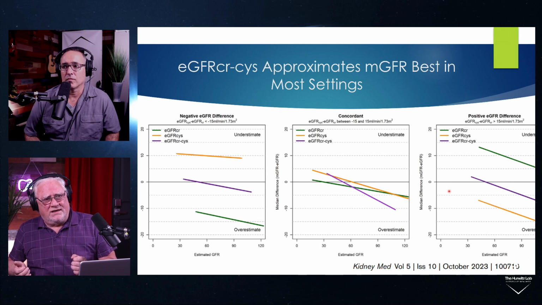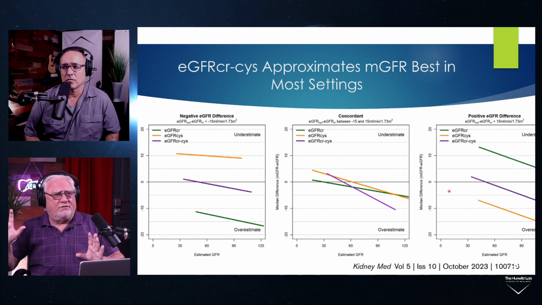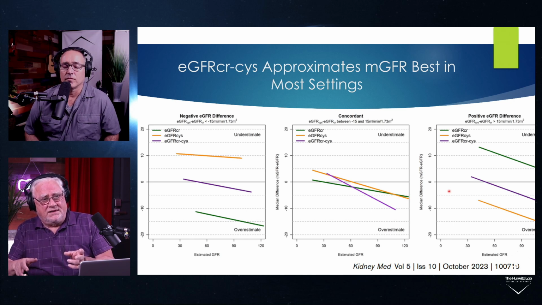But again, we'll move towards the education, because I hope I'm not misquoting here, but my understanding of the new KDIGO is that the eGFR creatinine is just fine for surveillance and monitoring. But when you want to risk stratify somebody in the Heatmap, you should be using the eGFR creatinine cystatin.